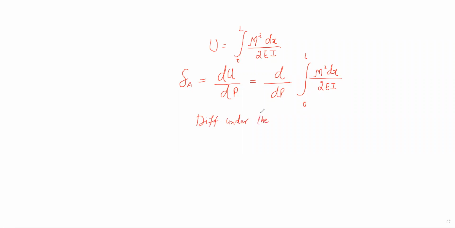Differentiation under the sign of integration. So what does this mean? We can write the deflection at point A as the integral from 0 to L, differentiate M with respect to P, so it will be 2M, and 2 and 2 will get cancelled, M dx by EI.